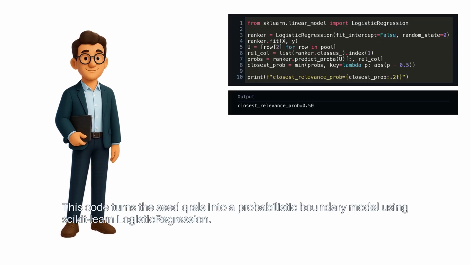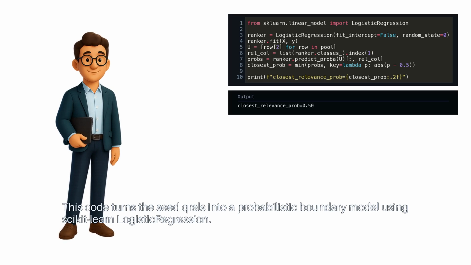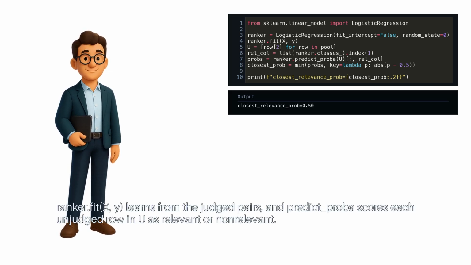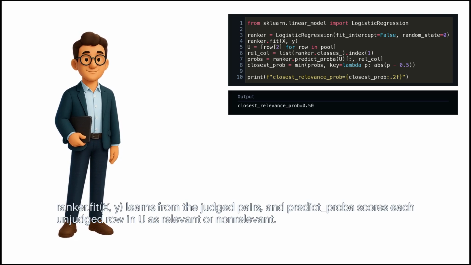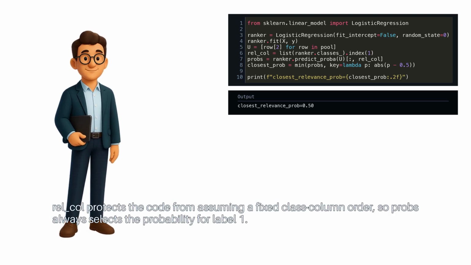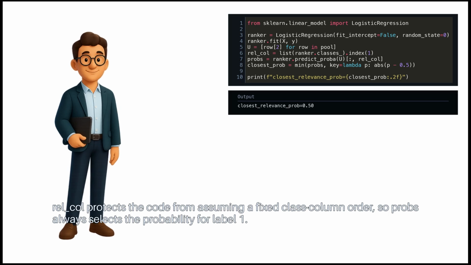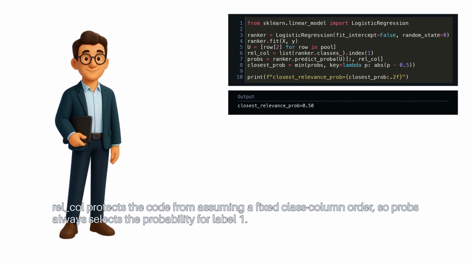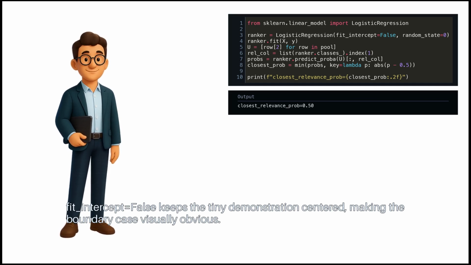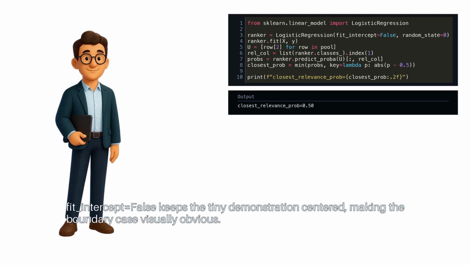This code turns the seed qrels into a probabilistic boundary model using scikit-learn logistic regression. ranker.fit(X, y) learns from the judged pairs, and predict_proba scores each unjudged row in U as relevant or non-relevant. rel_col protects the code from assuming a fixed class column order, so probs always selects the probability for label 1. fit_intercept equals False keeps the tiny demonstration centered, making the boundary case visually obvious.